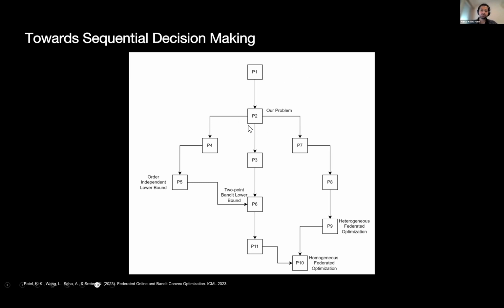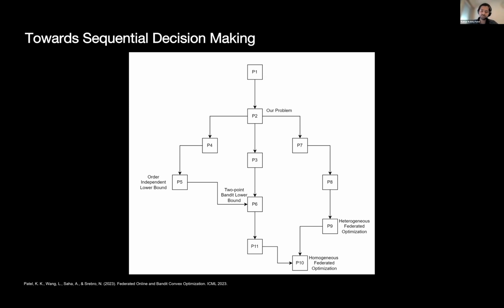P2 is the problem I mentioned in this talk, which is the online federated optimization problem. P9 and P10 are the stochastic versions of the federated learning problems, which I mentioned in the first part of the talk. So you can already see that these stochastic versions of the problems are much simpler than the online version. And there are actually many problems in between these, which might be relevant for the particular application you have.